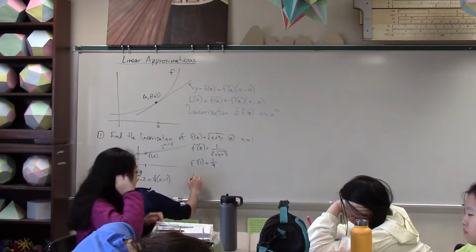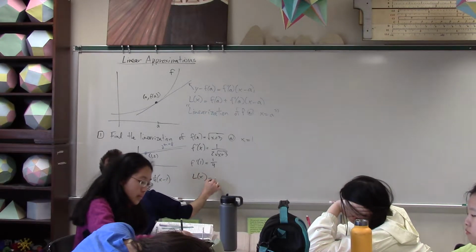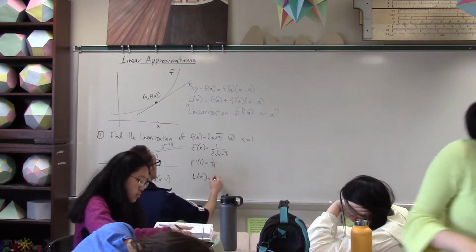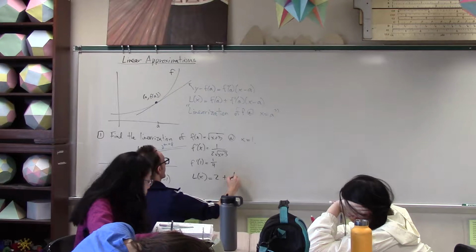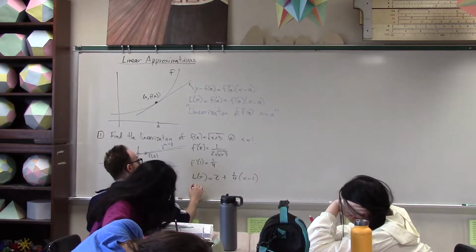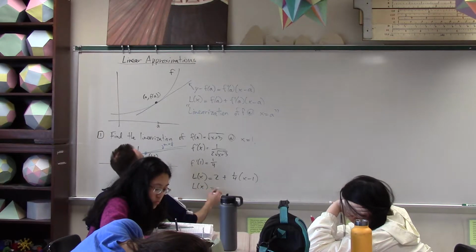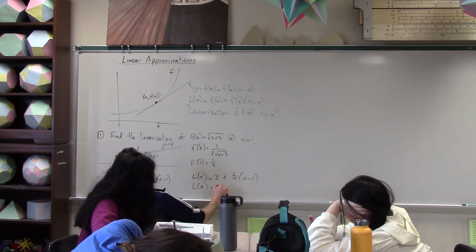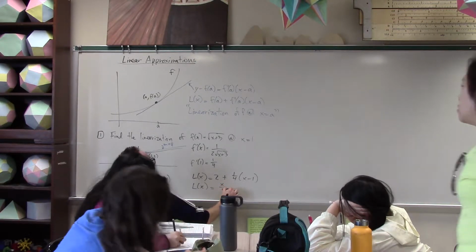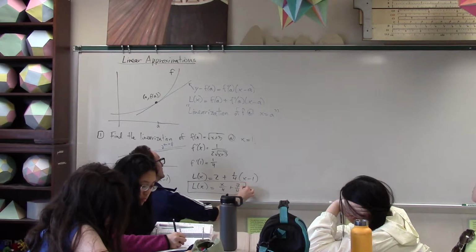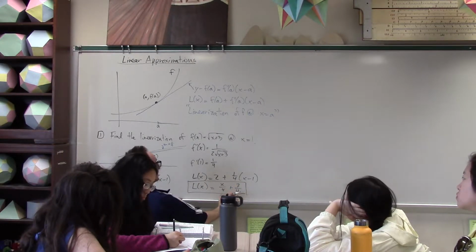And therefore, the linearization is, am I going too fast, or are we cool? The linearization is 2 plus 1/4 times x minus 1. Or, if you prefer, you can combine like terms and write this as x over 4 plus 7/4. Okay, so there's nothing really deep going on here.